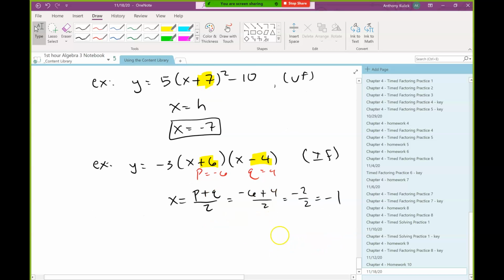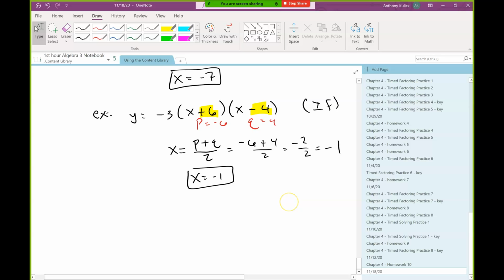So I just get x equals negative 1. Everybody's okay there? Questions about what we've done in those examples? Okay. Excellent.